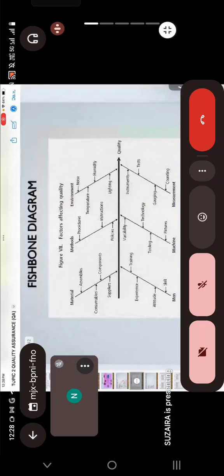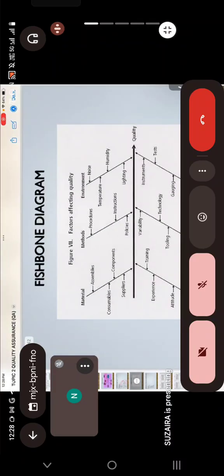This is the example. If you look at the fishbone diagram, we have materials, method, environment. These are the big ones, and these are considered as factors. Just now I mentioned men, operators. They are actually affected by skill and also training, attitude, and experience. So this one is under men.